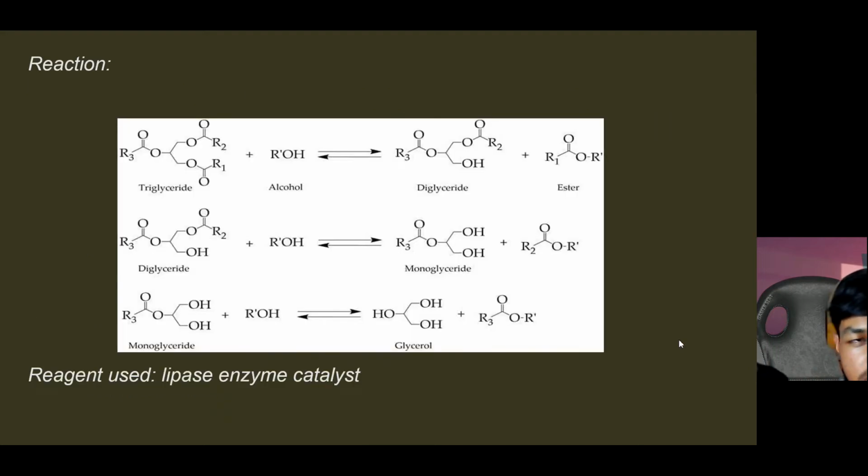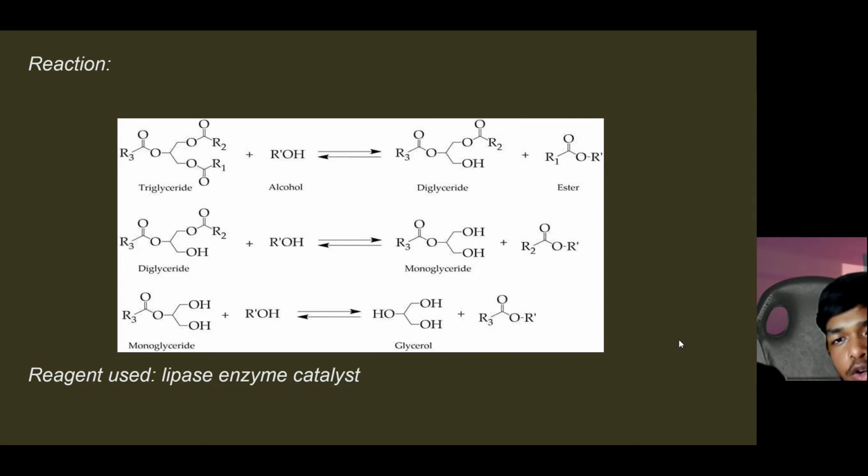And then this is the reaction. We can see first, triglyceride reacts with alcohol and produces diglyceride plus ester. And then diglyceride reacts with ester and produces triglyceride plus alcohol. For the second one, diglyceride reacts with alcohol and then produces monoglyceride plus ester.